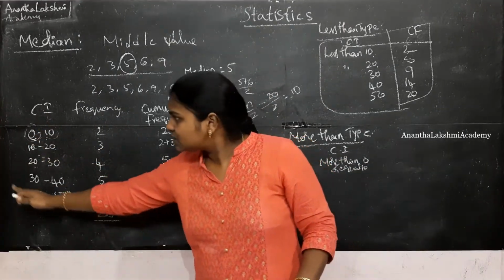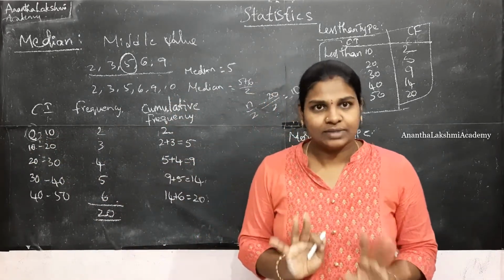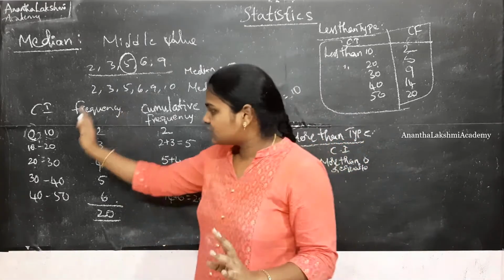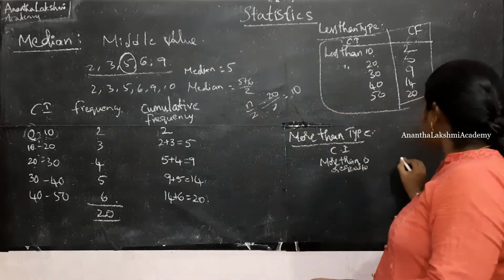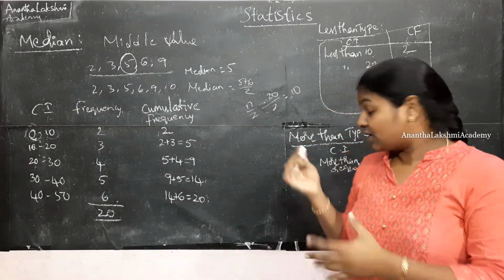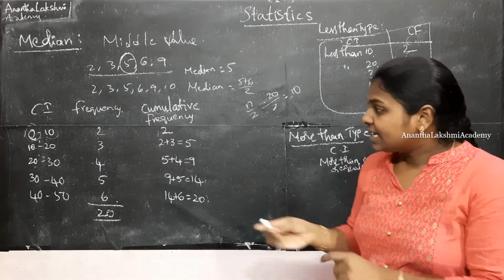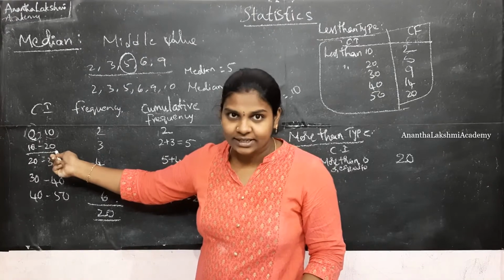All these students got marks greater than or equal to 0, isn't it? So, all these students come into that particular piece. Okay, so 20 students are available in more than or equal to 0, isn't it? Next, how can I write this interval? Can I write it as more than 10?